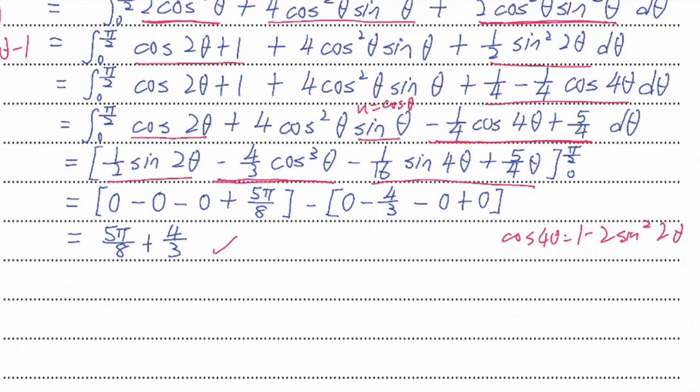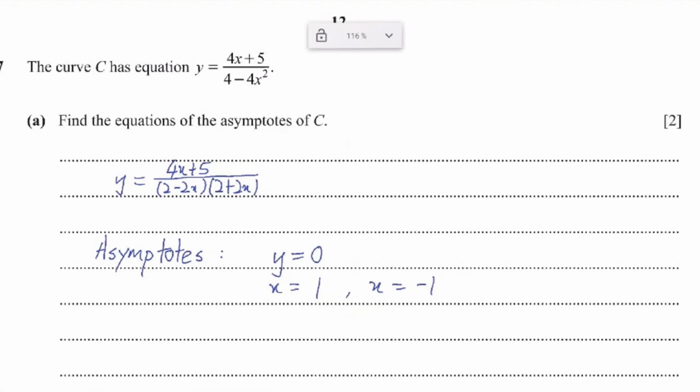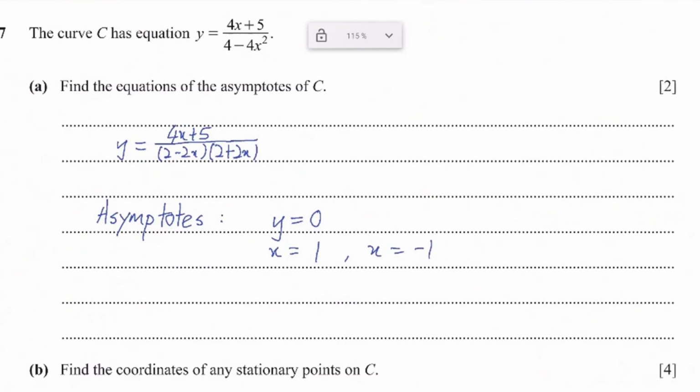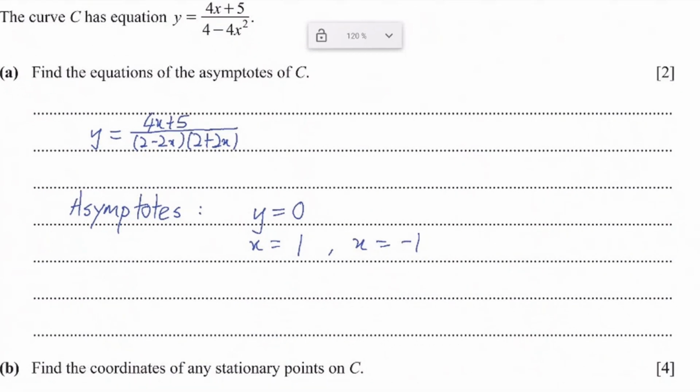So let's look at the next question. Okay, let's look at question 7. So this is the equation where we have got 4x plus 5 over 4 minus 4x squared.